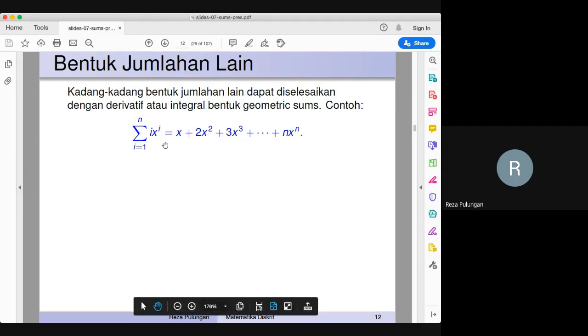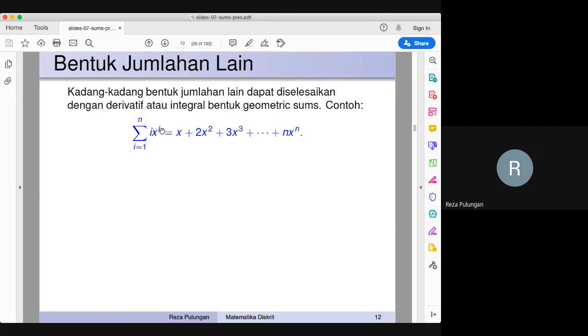For example, previously we have seen a summation of the form x to the power of i. What if somebody asks us the summation from i equals 1 until n of i multiplied by x to the power of i?